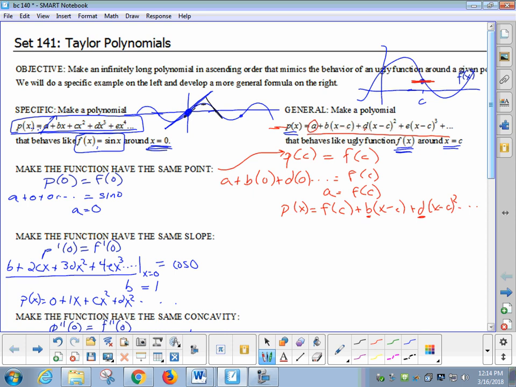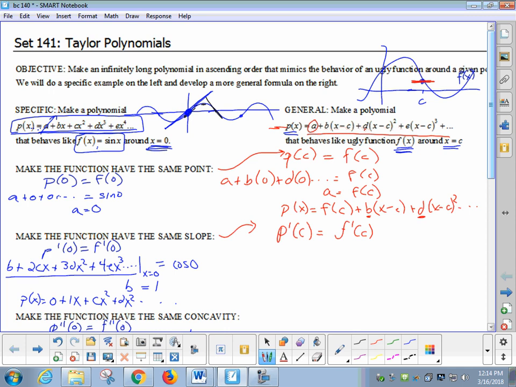Okay. Now then, I want to match the slope. If they have the same slope, then that means the derivative of the polynomial at c needs to match f prime at c. What is the derivative of p?